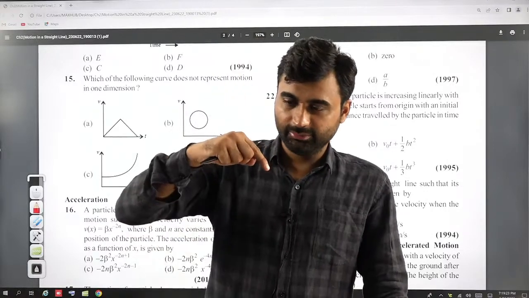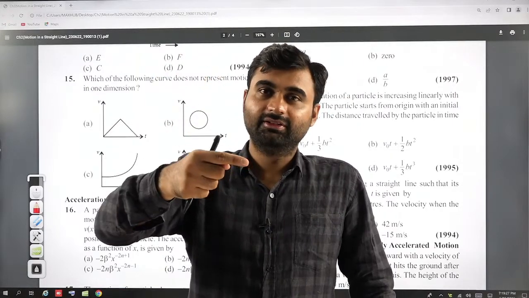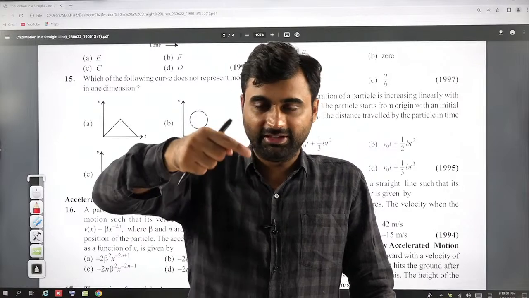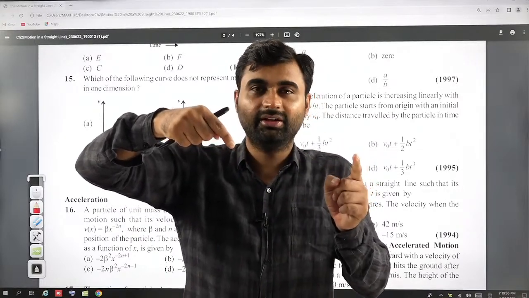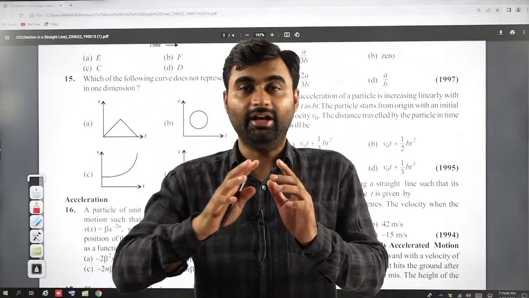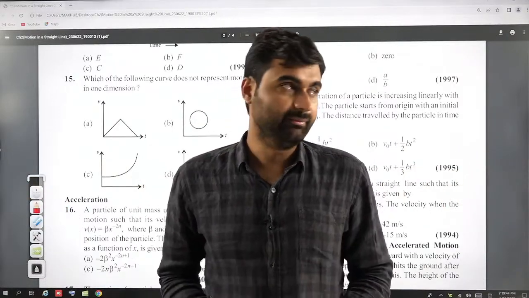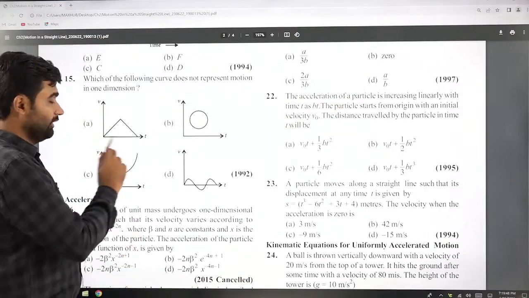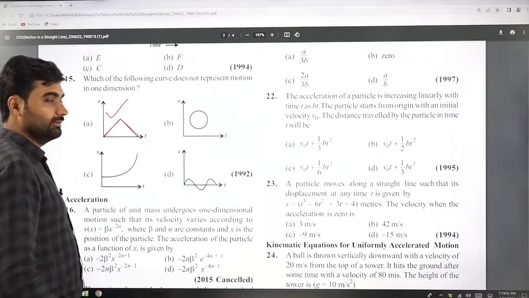If a particle is moving, then at a particular time its position is only one, no? A particle cannot be at two different positions at a single moment. Clear?